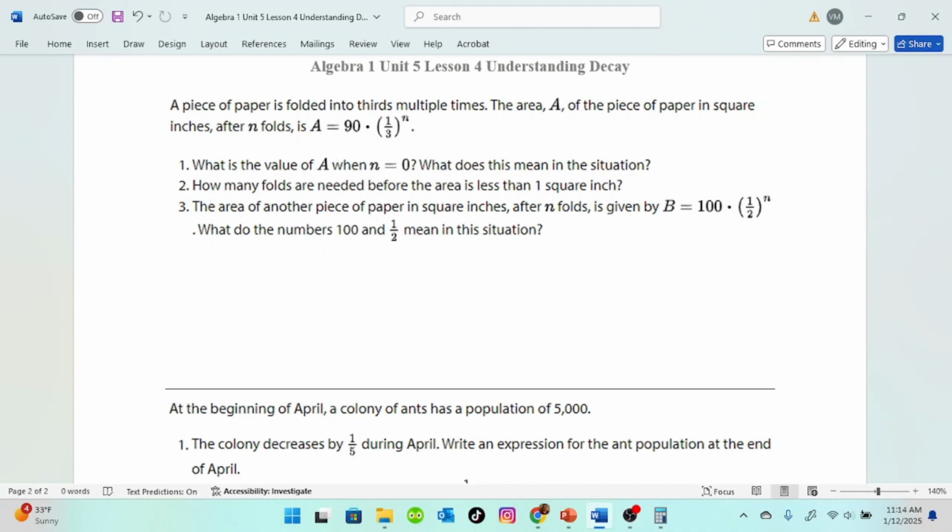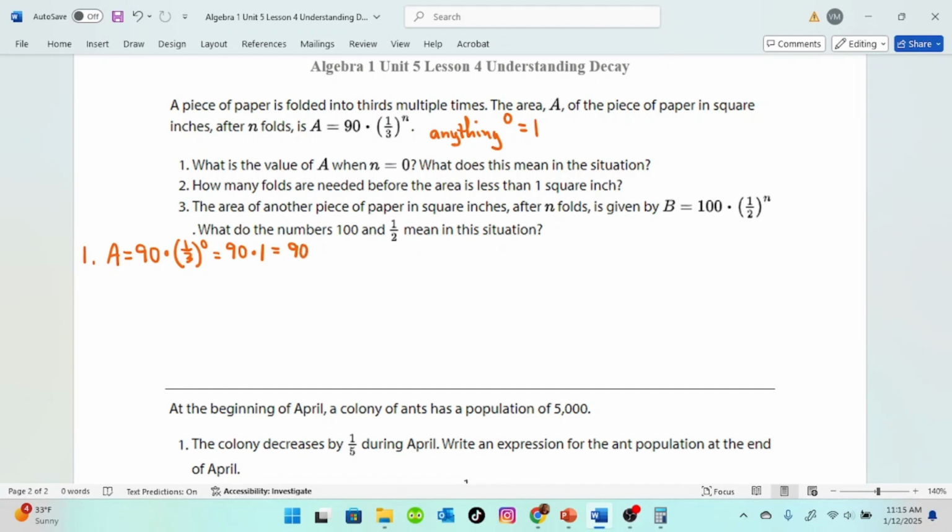So the first thing you need to understand is that anything to the power of 0 equals 1. So for number 1, A equals 90 times 1/3 to the power of 0 becomes 90 times 1, which equals 90.